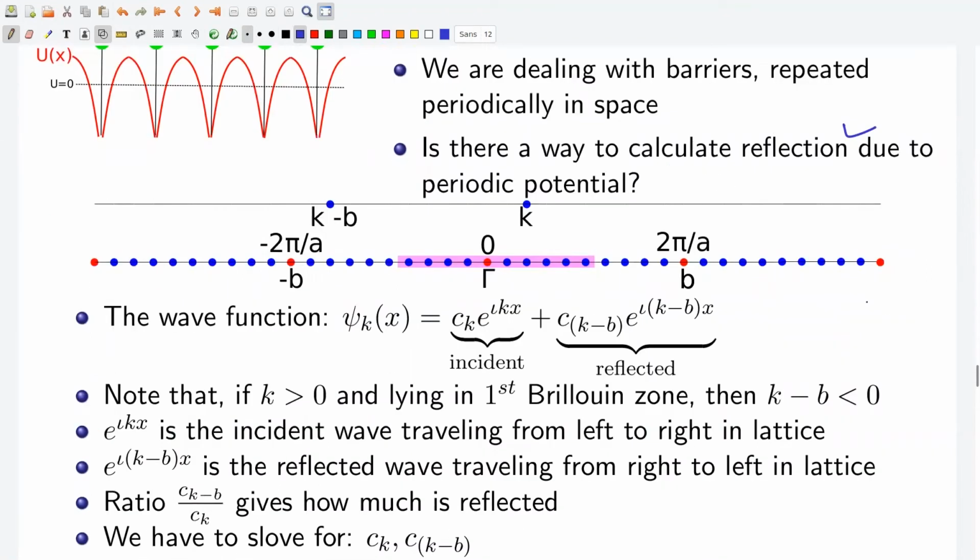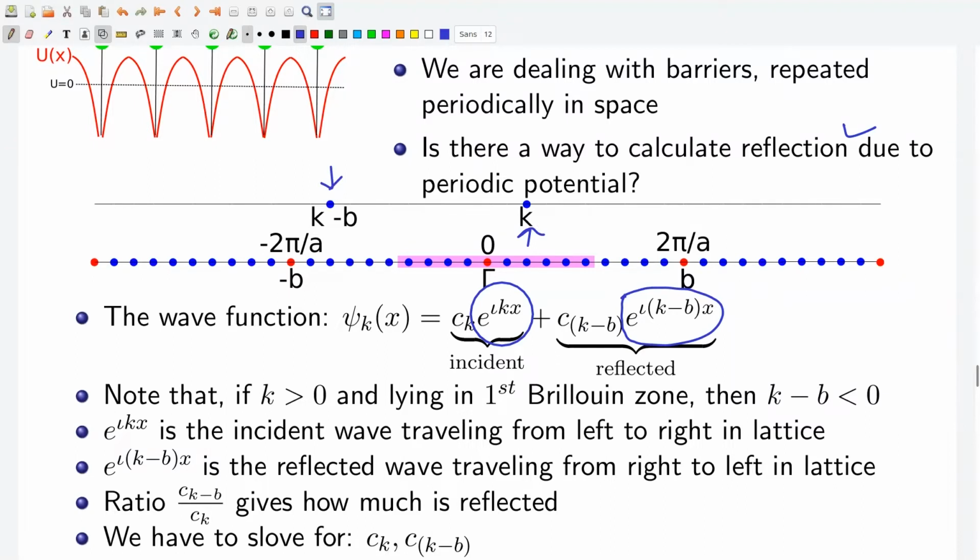We expand the wave function in terms of just two Fourier components, e^(ikx) and e^(i(k-b)x). Note that if k is greater than 0 and lying in the first Brillouin zone, then k-b is less than 0.